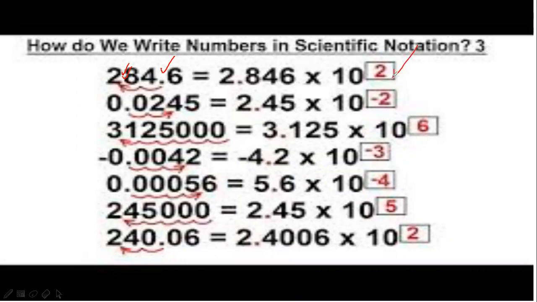If you are moving in the reverse direction, as the point is here, 0.0245, if you want to shift the point from this to this place, you are moving from left to right.